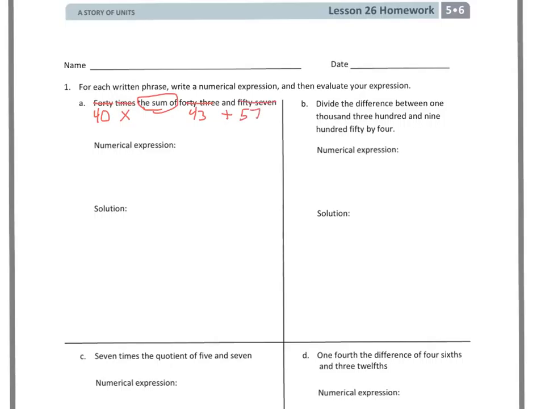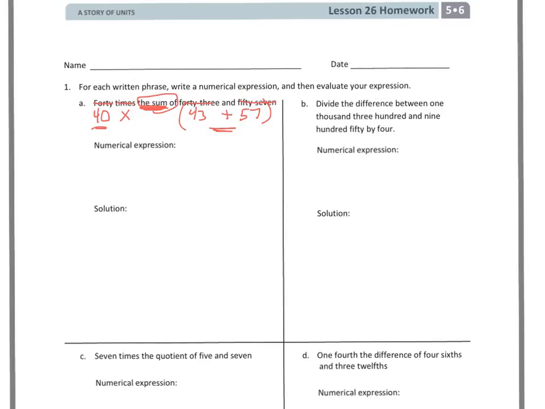Well, I know with my order of operations or my steps for solving, I would have to multiply 40 times 43 before I add in my 57 because multiplication comes before addition. But it's telling me in this statement here that I have to do the sum first. So I know if I put parentheses around it, it's telling me to do this addition first, then multiply it by 40. So that's why I'm adding the parentheses in.